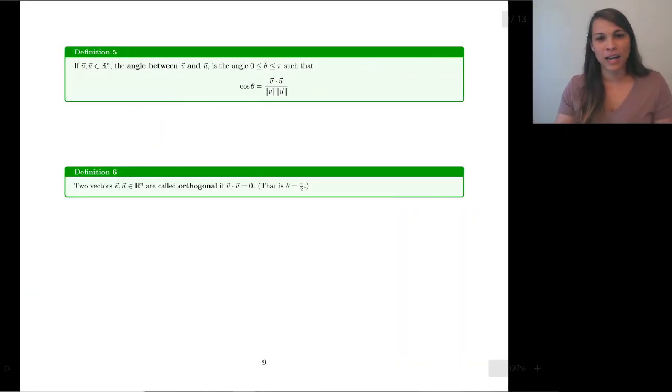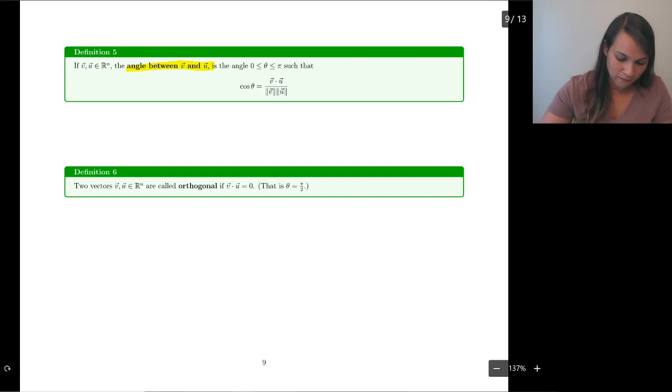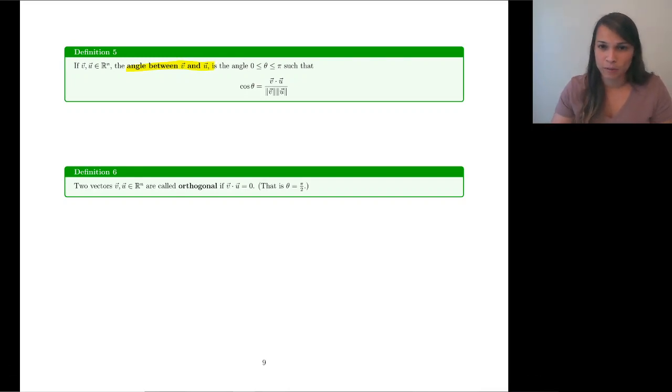So here we go. We have two vectors, v and u, and the angle between v and u is going to be the angle theta. We're not going to let it be negative, and we're not going to let it be bigger than 180 degrees.